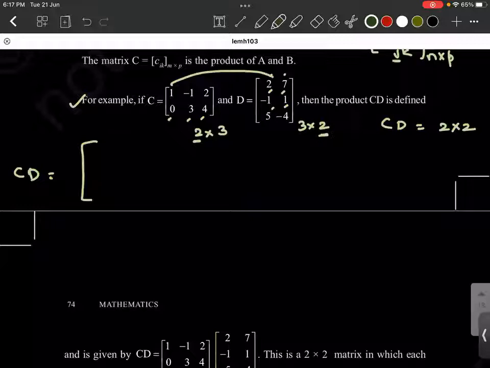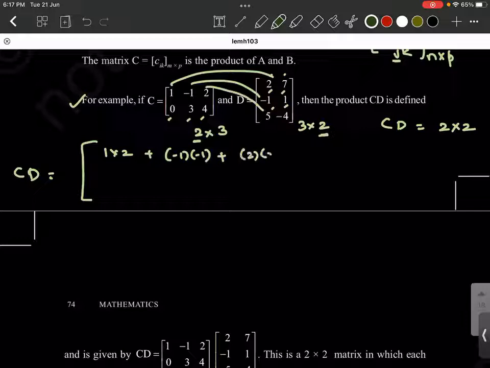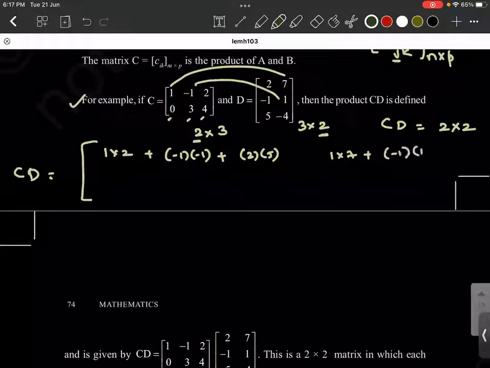So 1 will be multiplied with 2: 1 into 2 plus minus 1 multiplied with minus 1 plus 2 multiplied with 5. That will give you one element. Similarly, 1 multiplied with 7: 1 into 7 plus minus 1 multiplied with 1 plus 2 multiplied with minus 4.